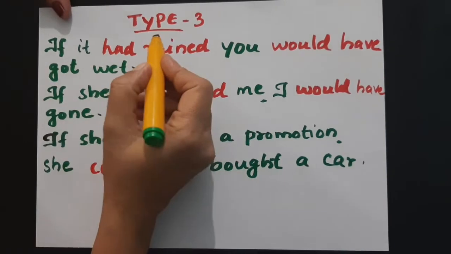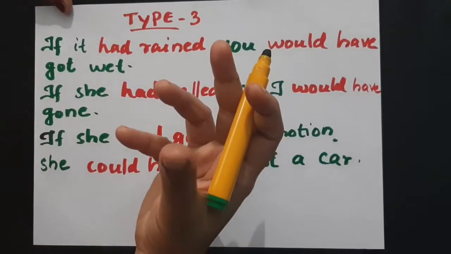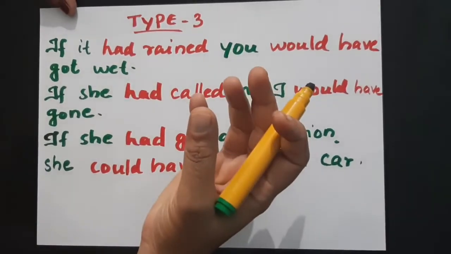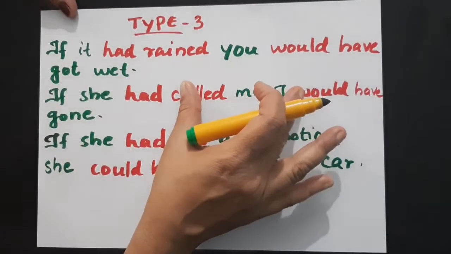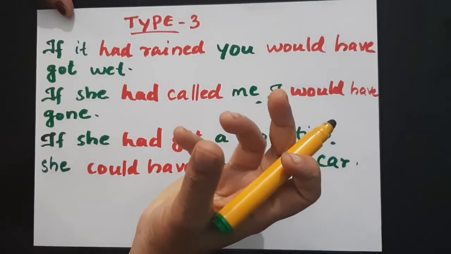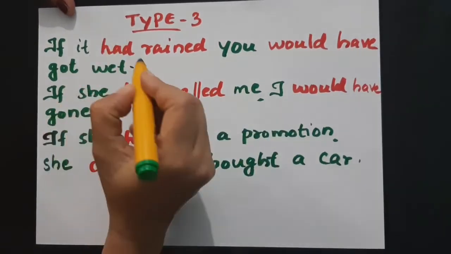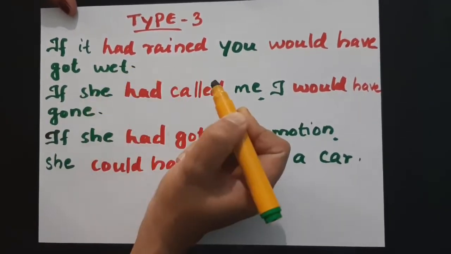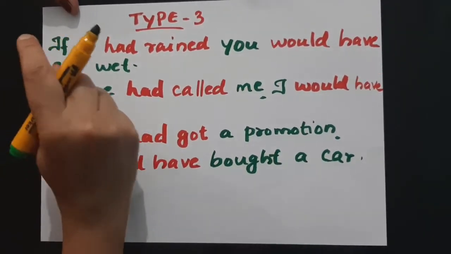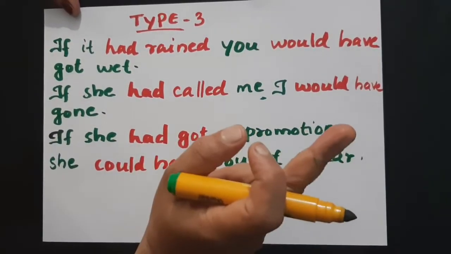In type 3 conditionals, we discuss some unreal past situations. Some past situations, some unreal situations. And we imagine that if something different had happened in the past, there would have been other results too.